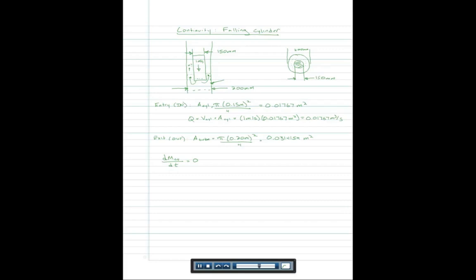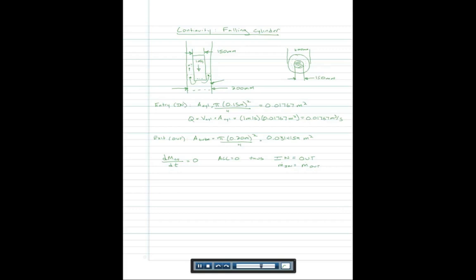What goes in is going to have to go out. So there's no accumulation of mass in the control volume. So in this case, accumulation is 0. Thus, the in is equal to the out, or the mass flow rate in is equal to the mass flow rate out.